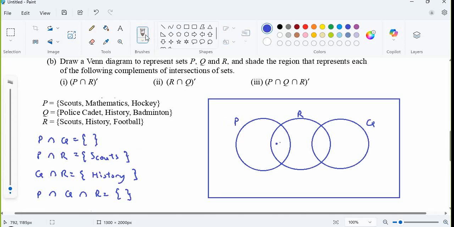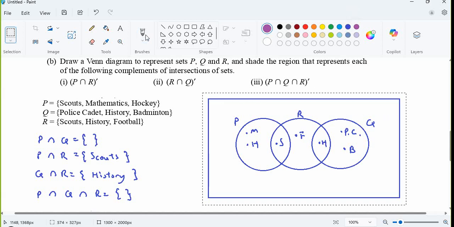P and R scout, Q and R history. P has mathematics and hockey. Q has police cadet, history and badminton. And then scout, history and football.